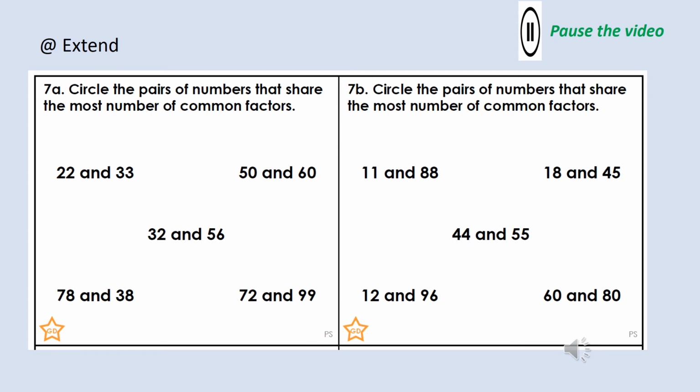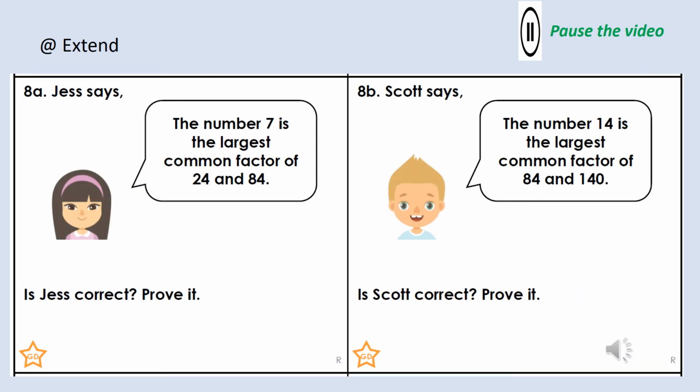There are 3 extend tasks to get through today, so I will show you all 3 of them and then the answers will be on the final slide. Read them carefully and move yourself on to the next one when you are ready. Pause the video to work out the first one. Here is the second task.